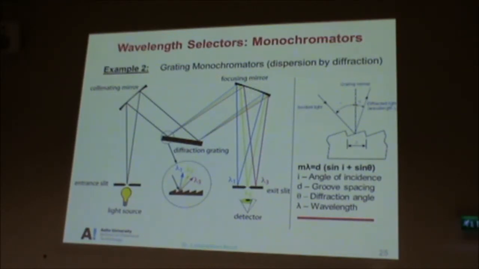You can see the way the light gets dispersed due to diffraction, and then it is reflected by this focusing mirror, and now the different wavelengths are incident at different regions, and you can put your sample or your detector here depending on what you need. This is the principle behind diffraction. We don't have to go too much into detail, but these are two common ways of achieving dispersion based monochromatization of light.